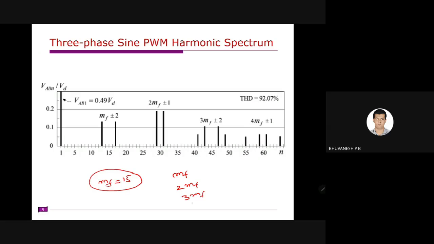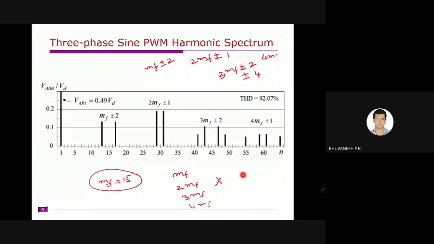But you have harmonics at MF plus or minus 2, 2MF plus or minus 1, and you have harmonics at 3MF plus or minus 2 and plus or minus 4, and similarly you have 4MF plus or minus 1 and plus or minus 3. So this is the harmonic spectrum.